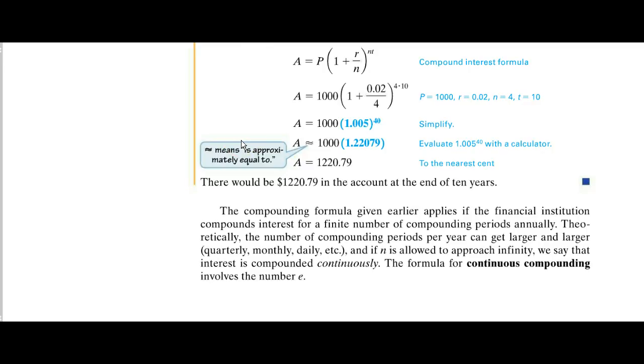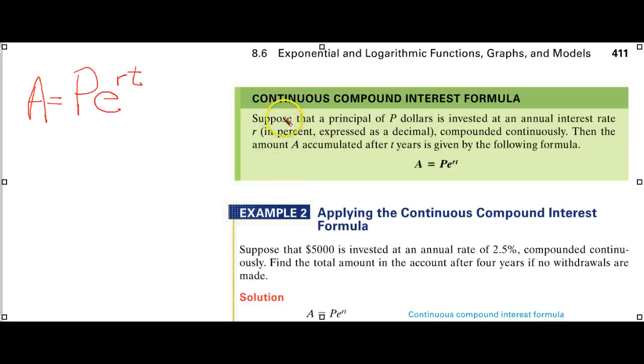Now, sometimes instead of compounding quarterly, you have continuous compounding. When that occurs, this involves the number e that we spoke of earlier. Now, this is the special formula in which we use e, where something is compounded continuously. So basically, similar to what we've done, you put in your amount, and there's going to be $5,000.